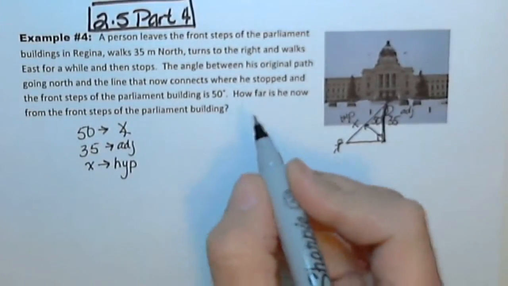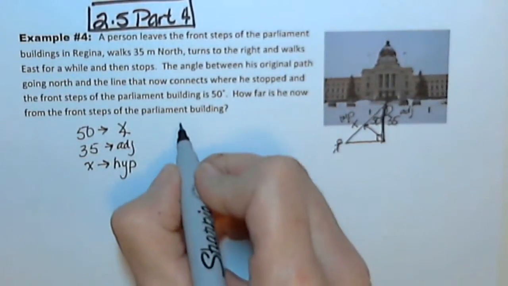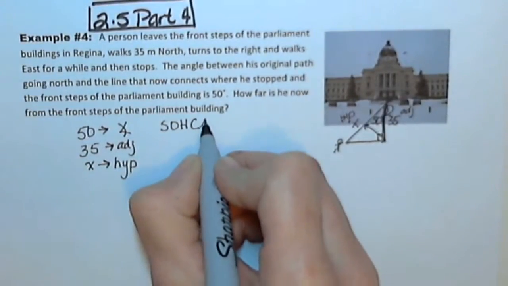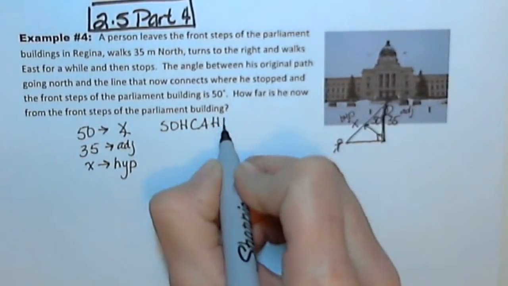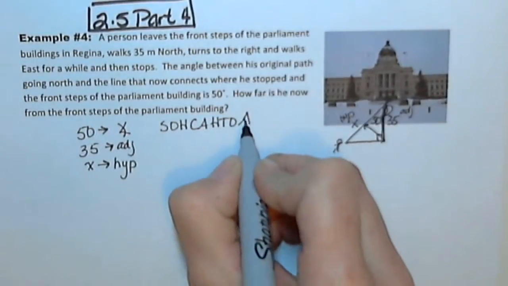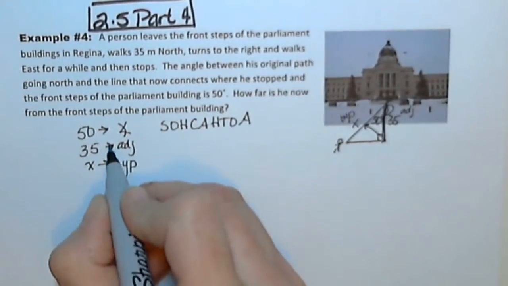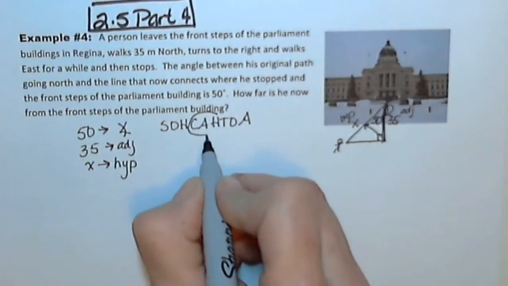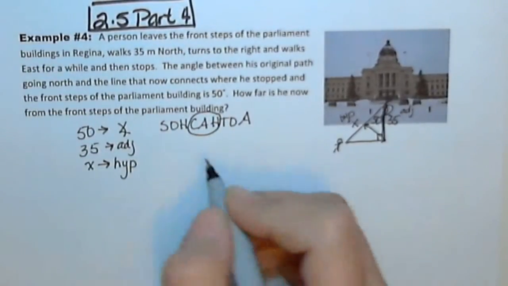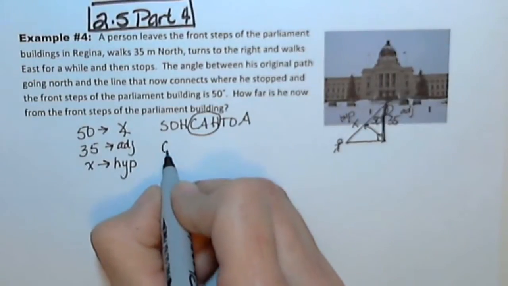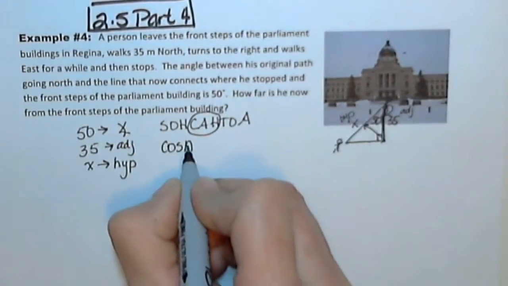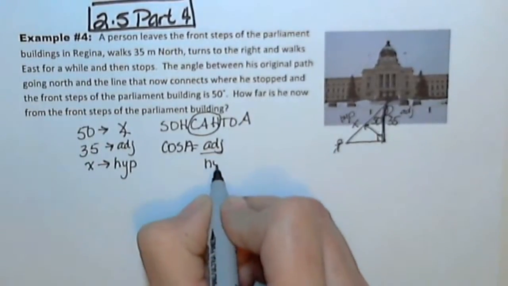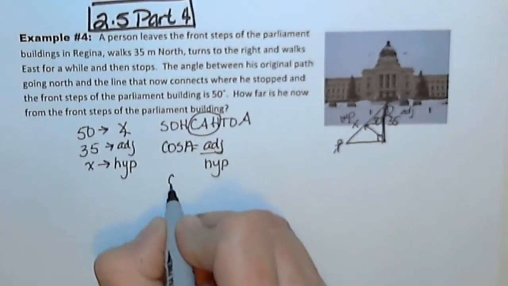Using our SOHCAHTOA, so again, sine is opposite over hypotenuse, cosine is adjacent over hypotenuse, tan is opposite over adjacent. We want something that has an adjacent and hypotenuse in it, and that's going to be cosine for a change. So let's write down a formula for cosine. Cosine of A is equal to adjacent over hypotenuse.